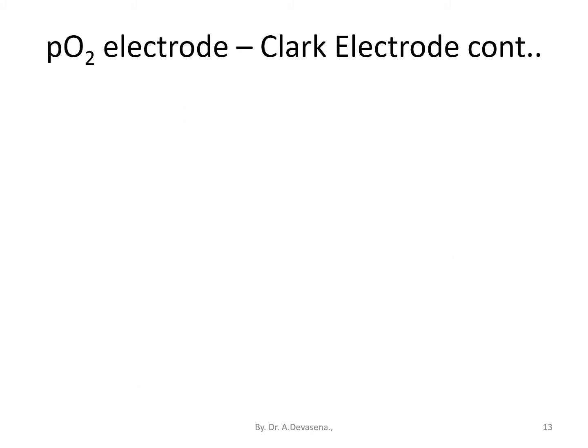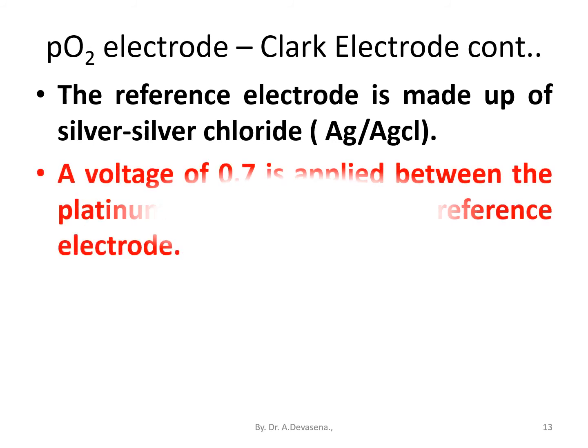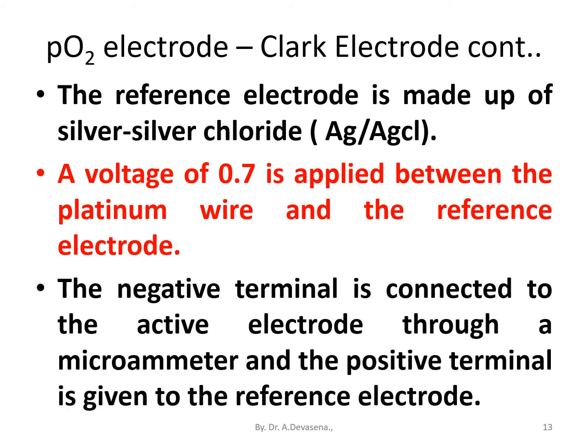The reference electrode is made up of silver chloride, AgCl. A voltage of 0.7 volt is applied between the platinum wire and the reference electrode. The negative terminal is connected to the active electrode through a microammeter and the positive terminal is given to the reference electrode.